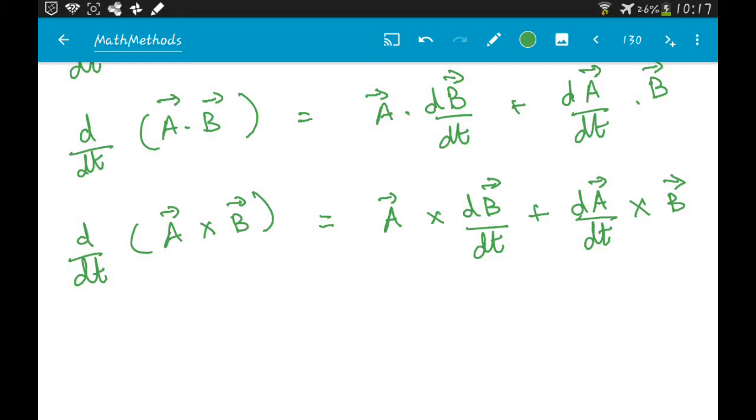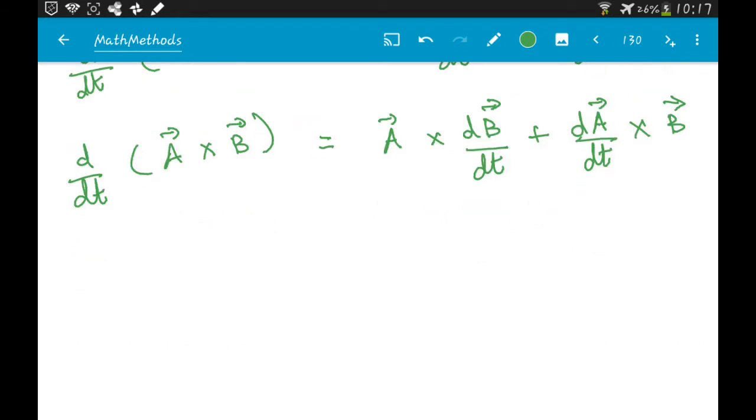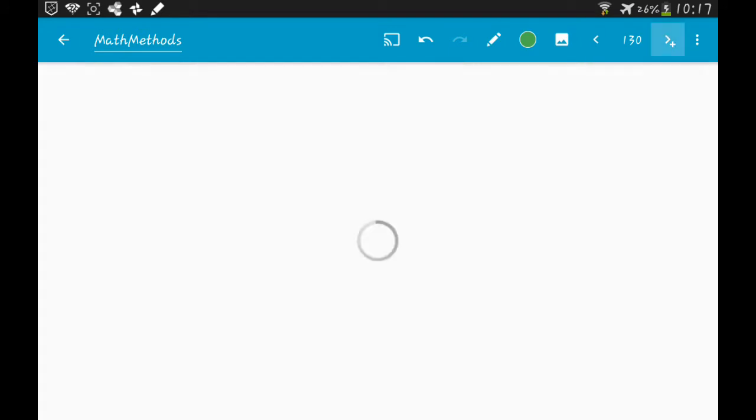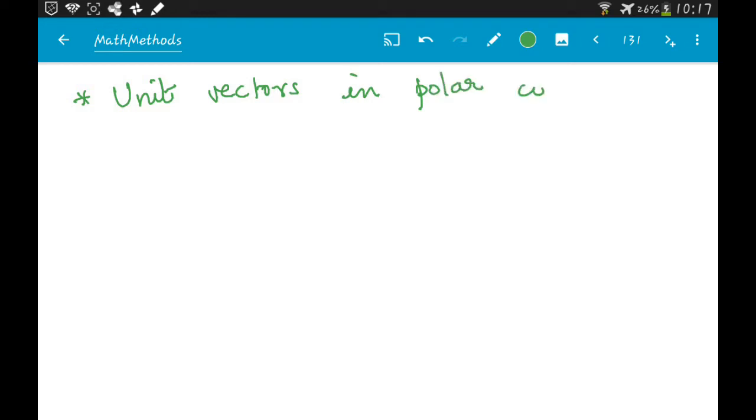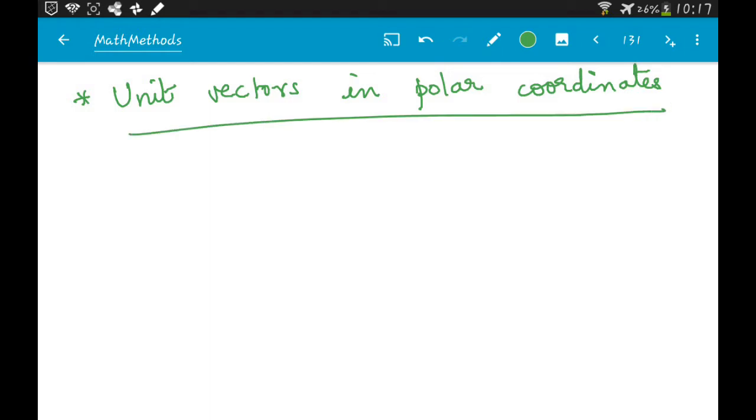Let's get to one last thing in this chapter, or in this lecture for now. Let's look at the unit vectors in polar coordinates. You have already learned this in the previous chapter, so let's see what it looks like in the vector formalism.